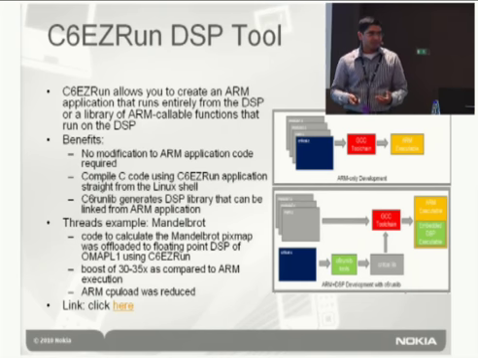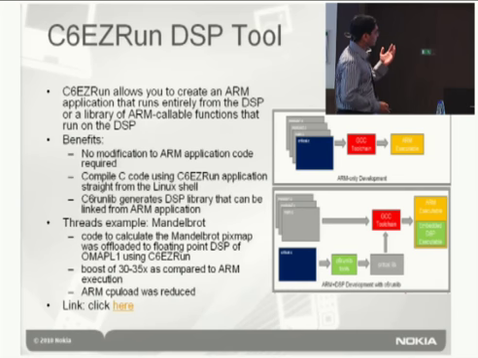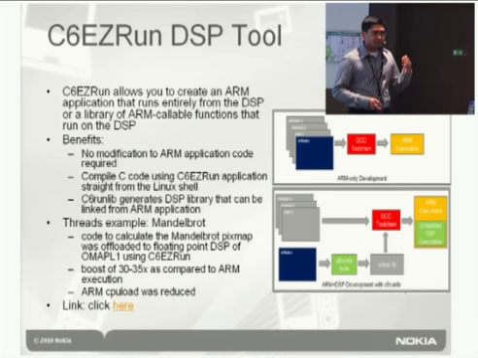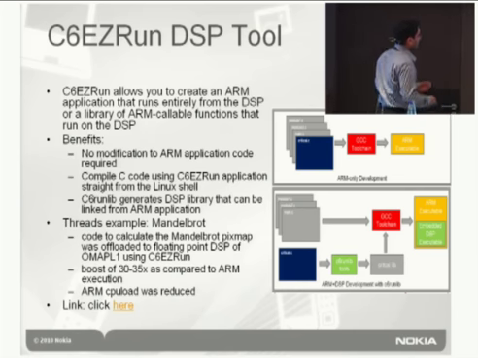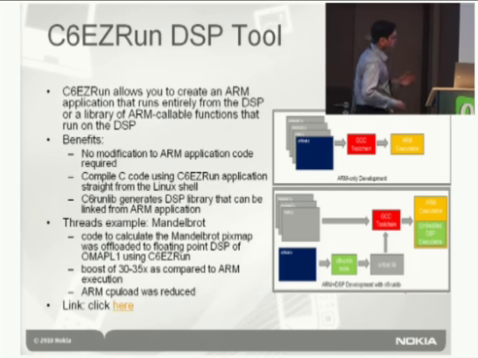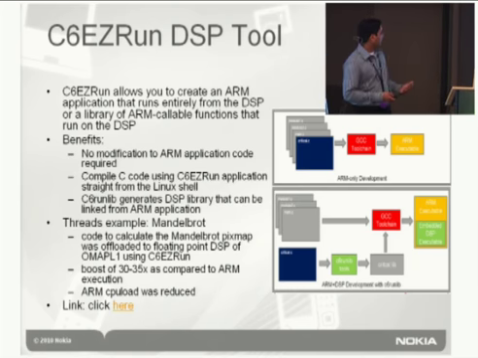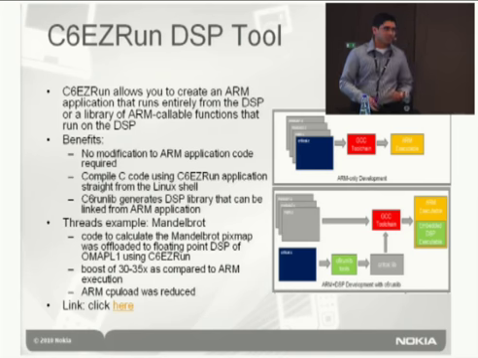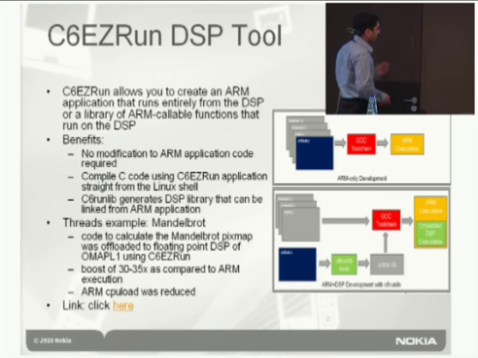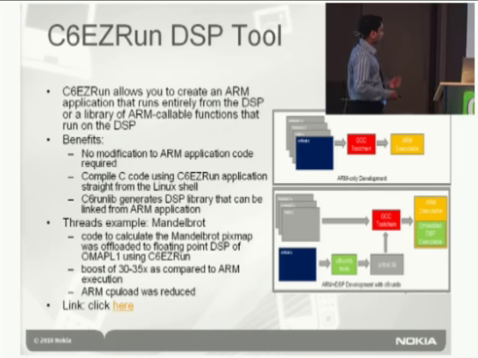Boom, you have an ARM executable that offloaded the entire calculations to the DSP without coding a single line in DSP. This is the advantage of this tool, and it was released just one month back, and it is free again.